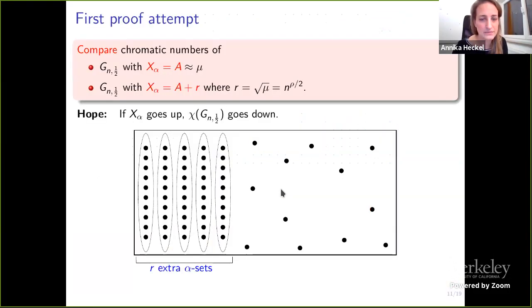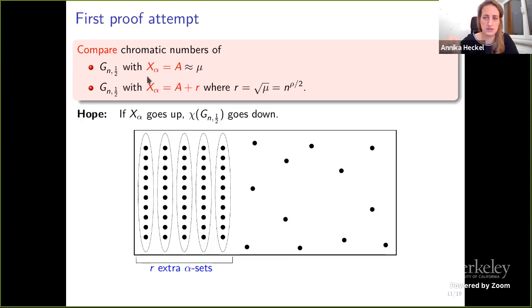Okay. Now, if you have this intuition about the chromatic number and the maximum independent sets, what might you try to do about it? So one thing I tried for a long time was to take G(n,1/2) and condition it on some typical number of alpha sets.